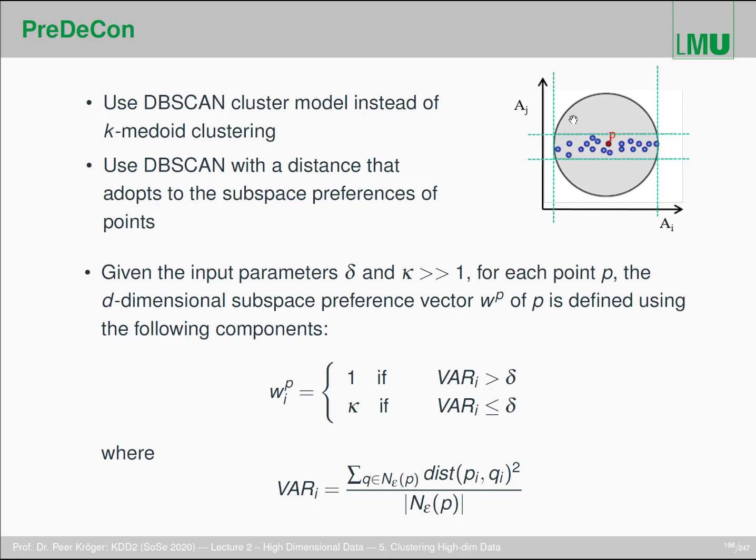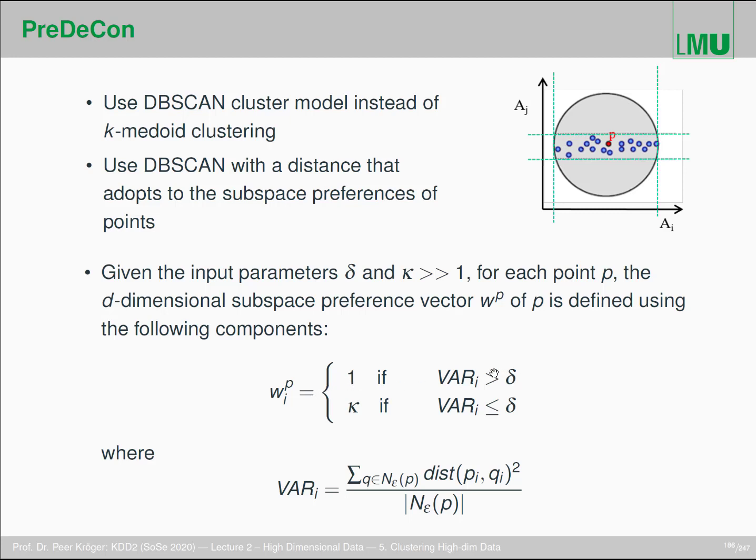The epsilon neighborhood is computed in the full dimensional space. Yeah? And now, if you look at the variance along each of the features, you say, okay, if the variance is large, you set the preference vector to 1. And if the variance is small, you set it to kappa, which is much greater than 1, or should be much greater than 1. Yeah, so the preference vector is actually a d-dimensional vector, and each feature is weighted.